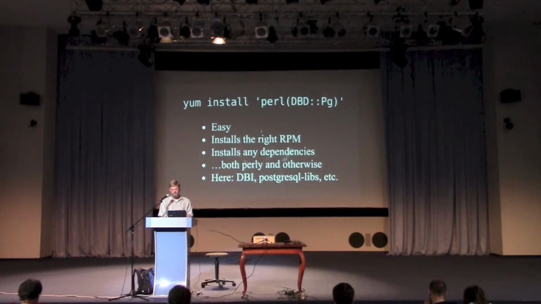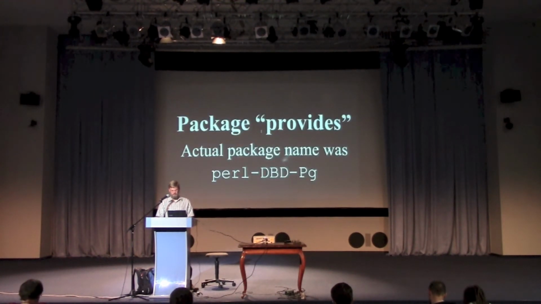One command, it installs the right RPM, it installs any dependencies, both Perl ones and otherwise. So in this case, it's going to install DBI and PostgreSQL libs and anything else it needs. So that's very nice, and why wouldn't you use that?